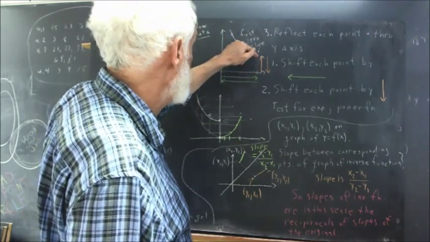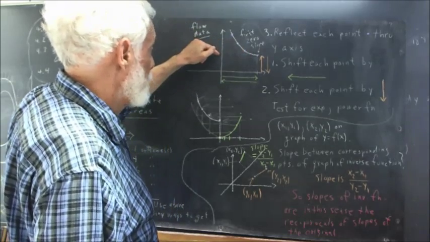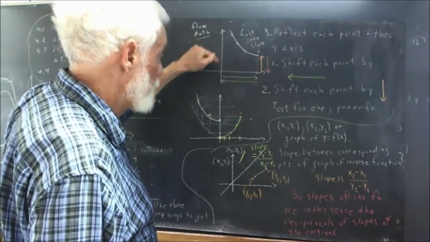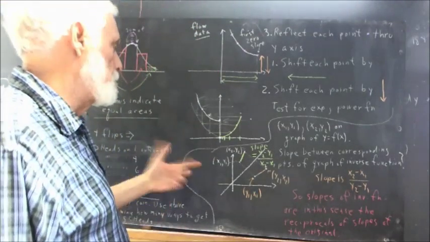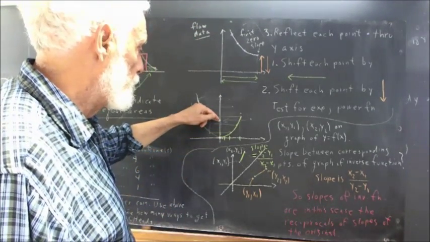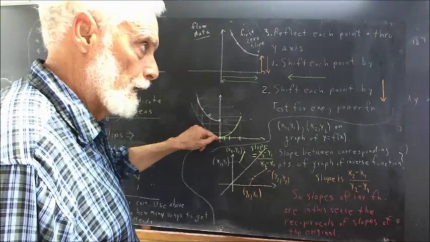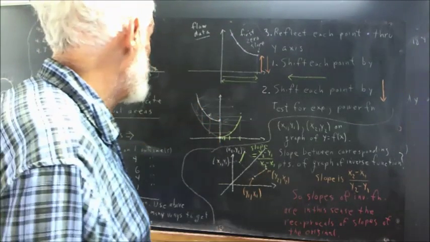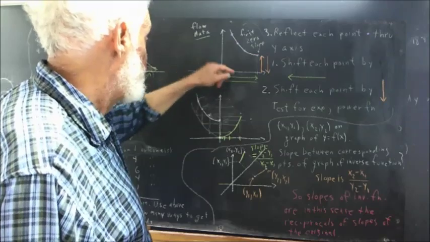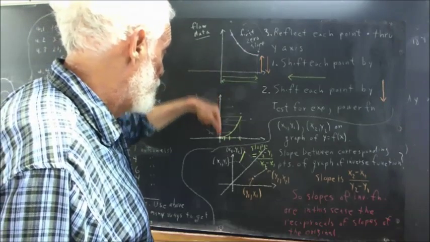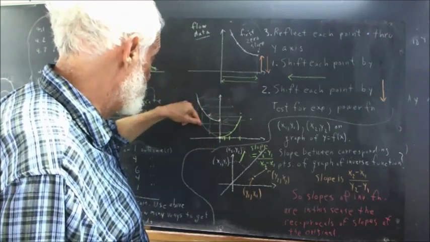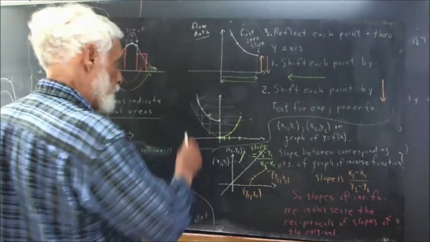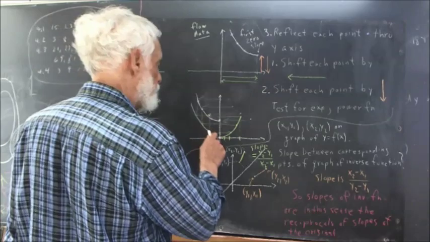Since we moved this point over here, if we move it down that distance, it's still going down to the x-axis, and it's going vertically, which means since it's on the y-axis, if we move it vertically down to the x-axis, it's going to end up at the origin, isn't it? So this point takes this vertical displacement downward. This one the same thing, this one the same thing, this one the same thing.